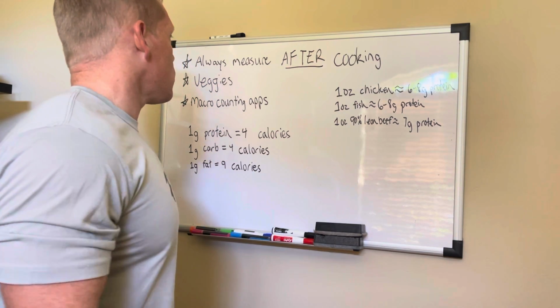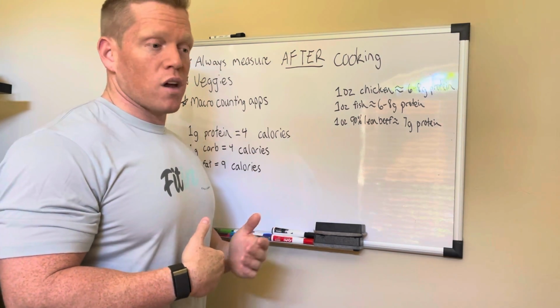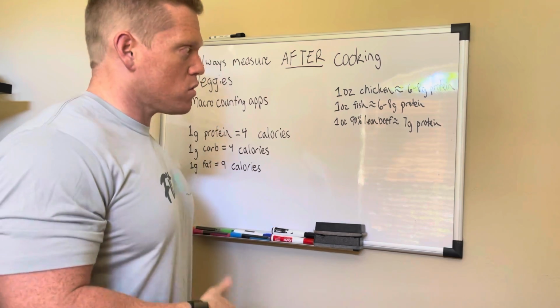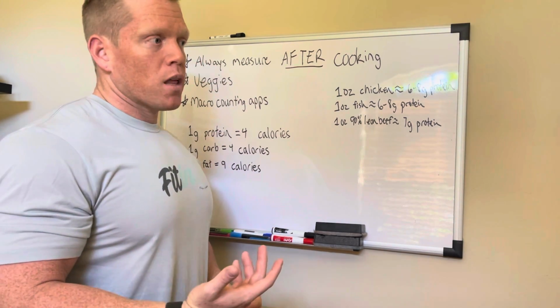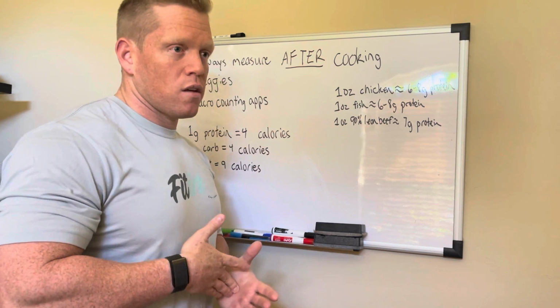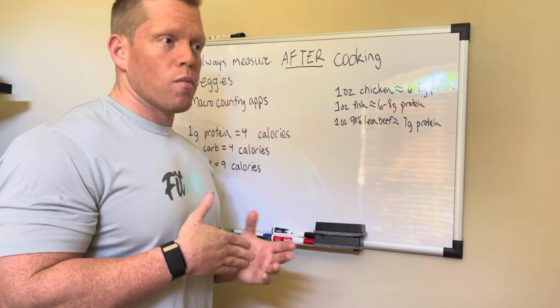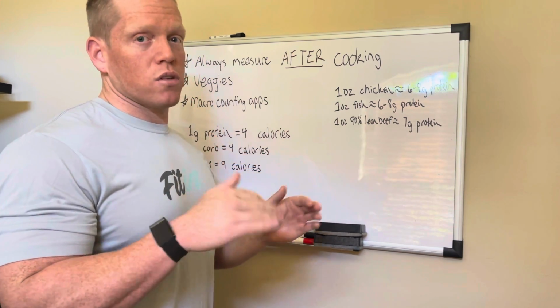So there's a few reasons why we don't count veggies. You can, and it's not bad. But for the purposes of this challenge, personally, I don't like to be that picky about what everybody's eating, because for most people coming into this challenge, it's a big change, huge change.